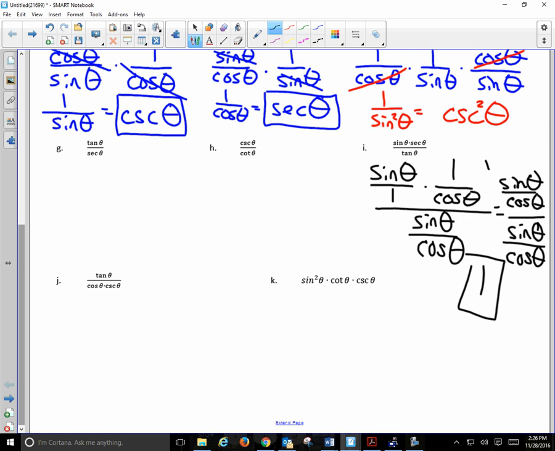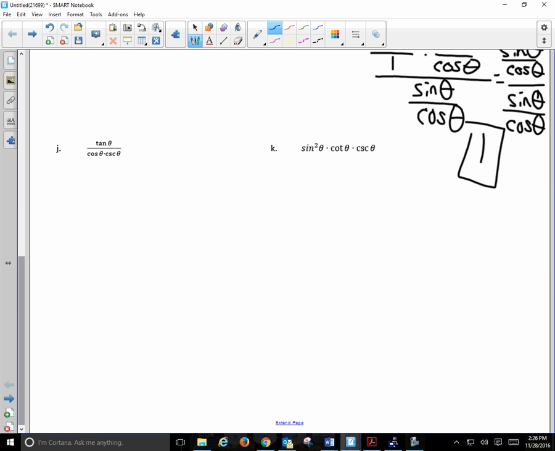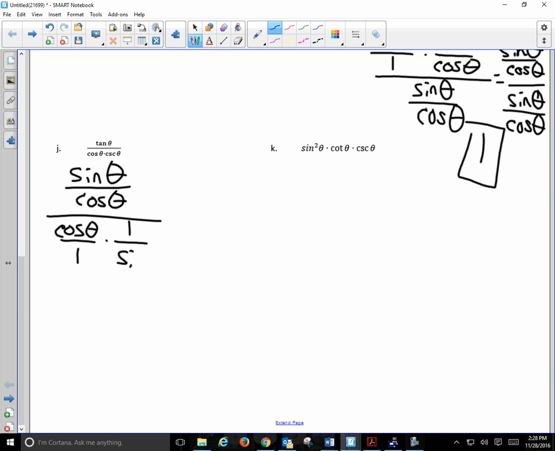You try J on your own. Okay, let's see what you got. You should have sine over cosine over cosine over 1 times 1 over sine.